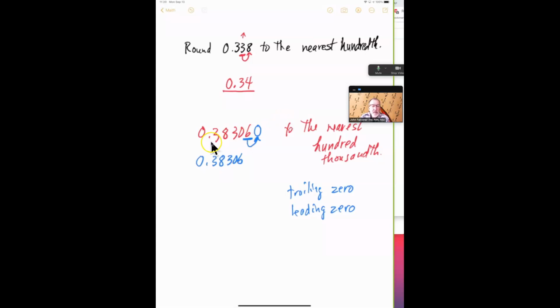So we have 38,306 100,000ths. So that's kind of a mouthful to read. 0.38306 is another way to read this, and this would be the answer you put in at WAMAP. Okay, and up here we had 0.34 or 34 hundredths.